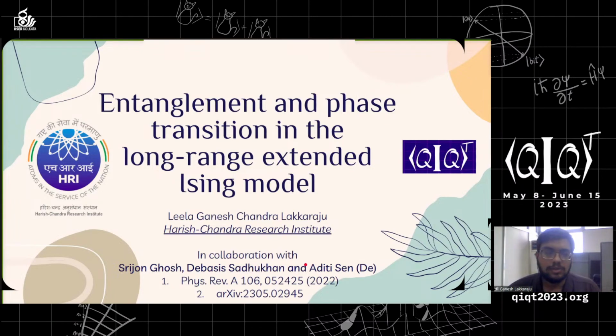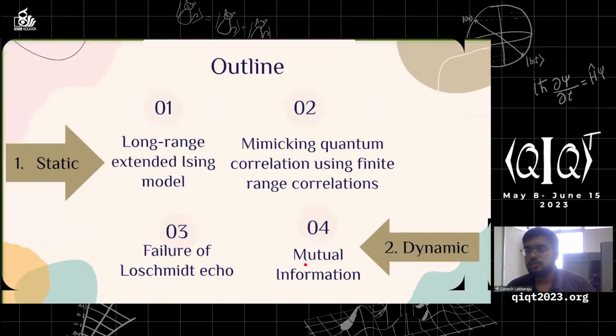Just to give you a context, my outline of the talk is as follows. Almost everyone here would be familiar with the Ising model, but I'll introduce the long-range extended Ising model, and I'll describe the first paper's result, that is how quantum correlations of finite range can be used to mimic the quantum correlations of a fully connected expensive model.